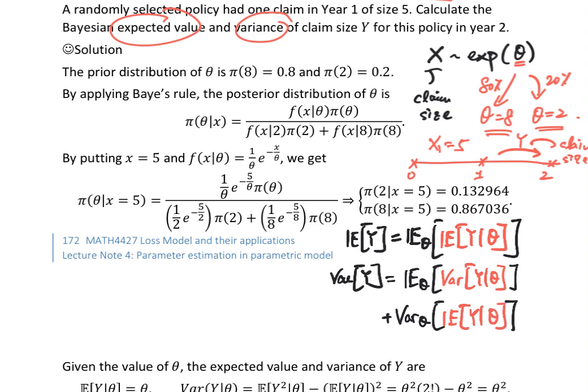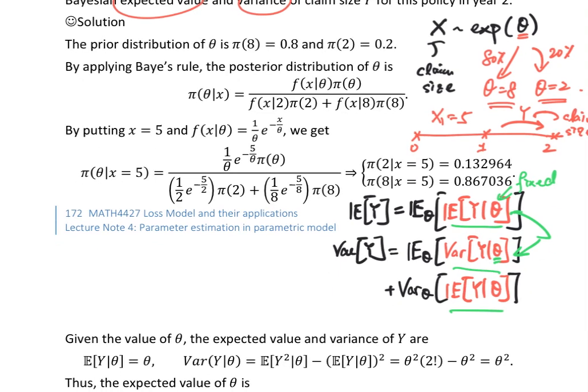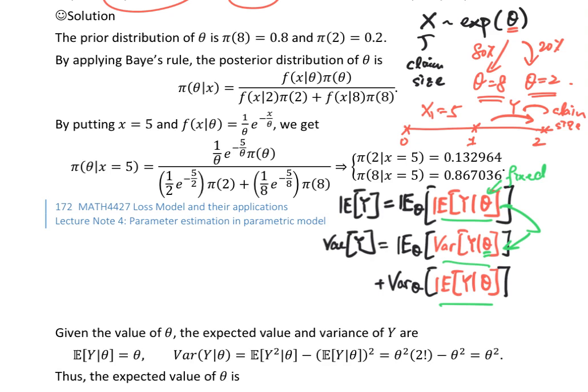Now of course, in order to calculate these two, the first step is to compute the expected value and the variance given that you know the value of theta. This part is very easy because it follows the exponential distribution.